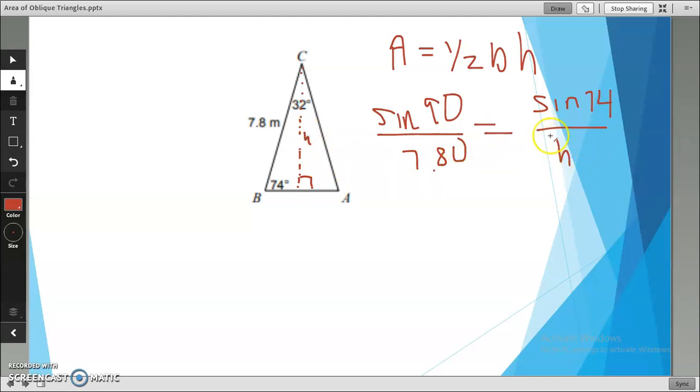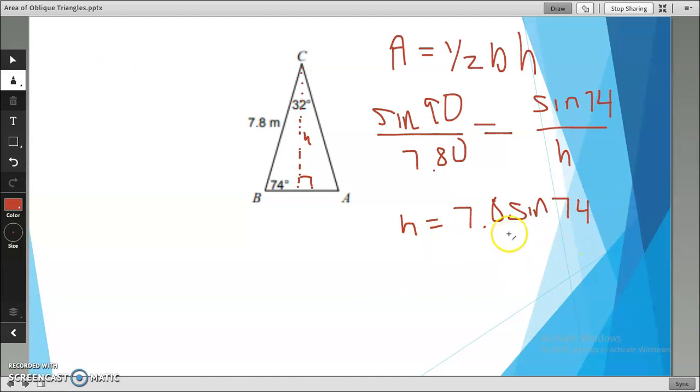Well, we already know that the sine of 90 is 1. So 1 times h, if I do my cross multiplication, just gives me h. So h is equal to 7.8 times sine of 74. We can solve that out, or we can leave it like this.